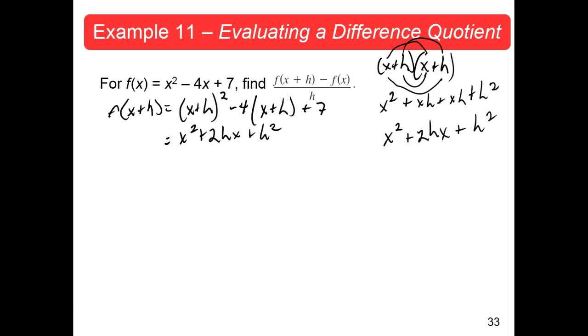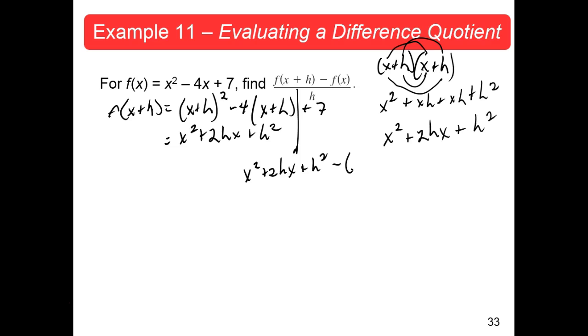Okay, I think we're ready to plug in now since we know the first one. So this thing will be X squared plus 2HX plus H squared. That's your f of X plus H, right? Minus, what's your f of X? Oh, there it is right there.